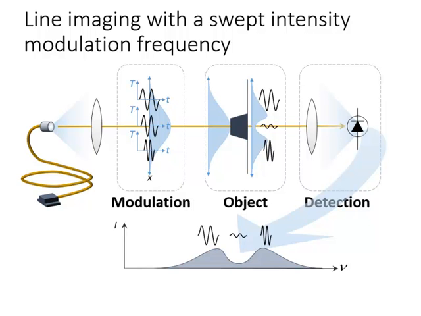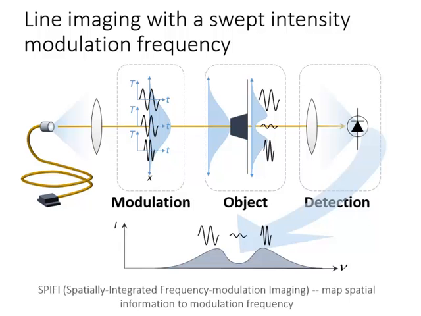Collecting the whole beam on a single element detector like a photodiode or a PMT integrates over all of those frequencies, and then in the Fourier domain, the frequency spectrum of the signal coming from that photodiode, we have faithfully reproduced the object transmission function owing to this position-dependent temporal modulation. And so we have dubbed this technique spatially integrated frequency modulated imaging, or SPIFI.